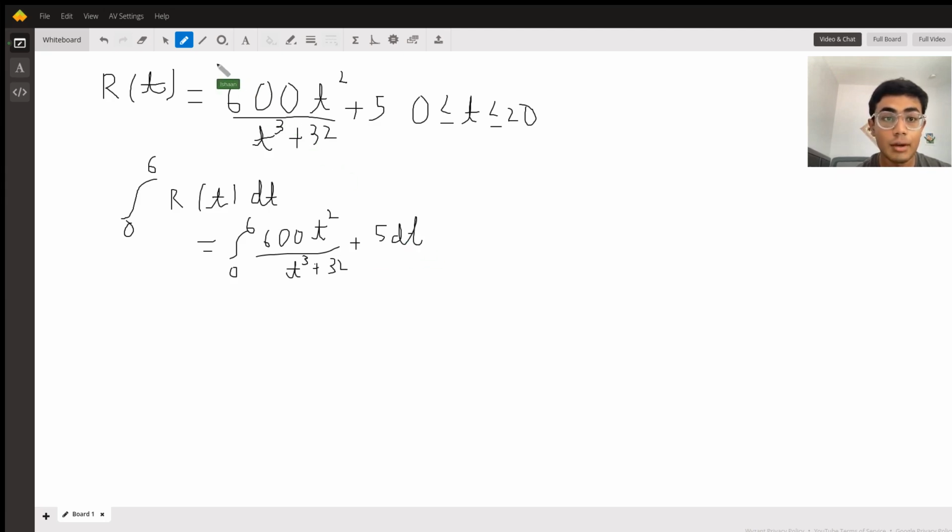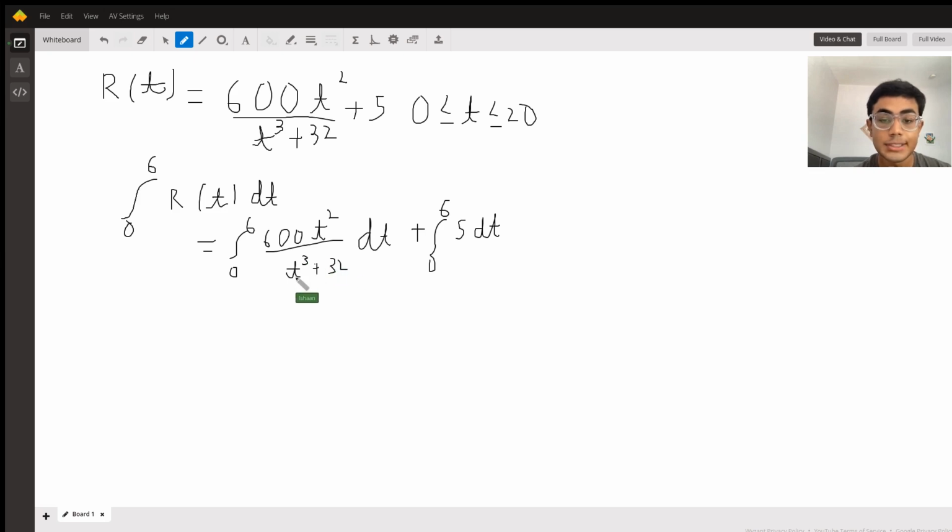So immediately we can split the integral here, because this is the sum of two integrals. This would give us the integral from 0 to 6 of 600 t squared over t cubed plus 32 dt, plus the integral from 0 to 6 of 5 dt. Now the second one is easy to do, so we should focus our efforts on the first.